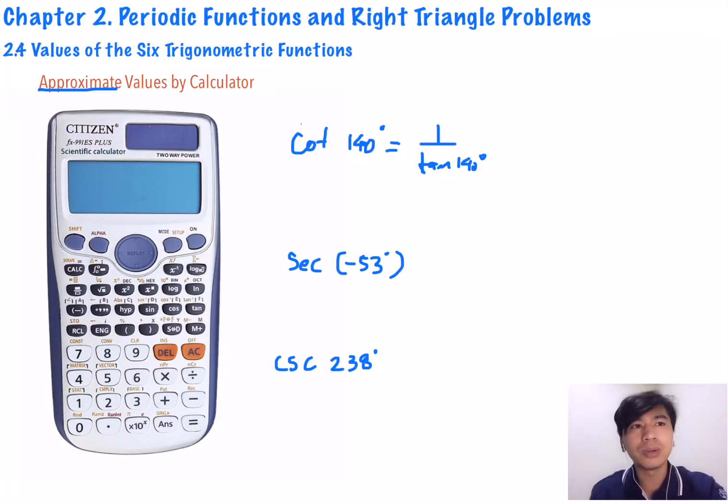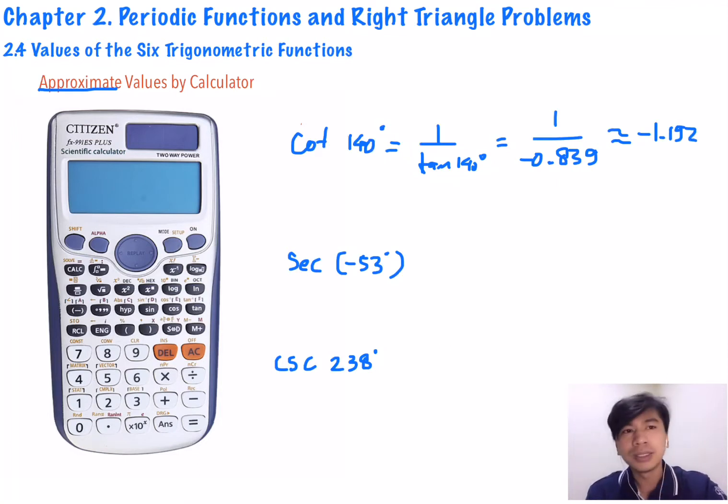So that will be equal to 1 over negative 0.839, which is around negative 1.192. I will require you to put it to 3 decimal points. Secant of negative 53 will be 1 over cosine of negative 53, and that will be equal to 1 over 0.601.